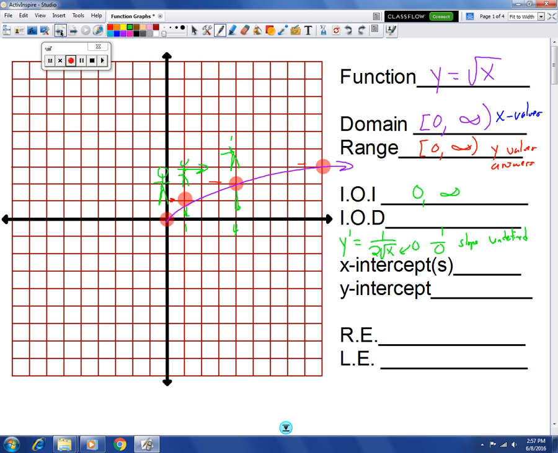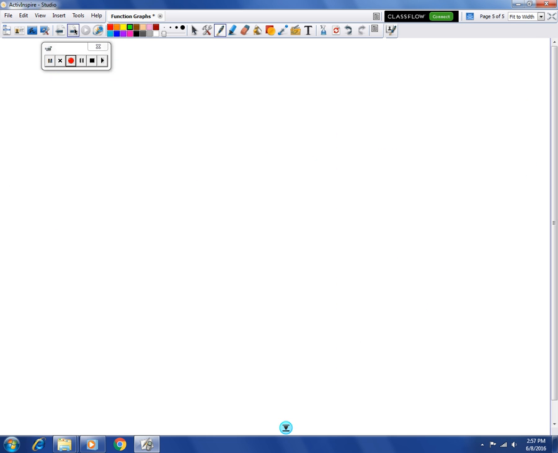let me see if I can find a blank sheet. Okay, if you could actually zoom in, let's say here's 1 way over here, and here's 0, and here's 1 way up here. And here's kind of that area. The slope right here and the slope right here are positive, and there's a slope right here.